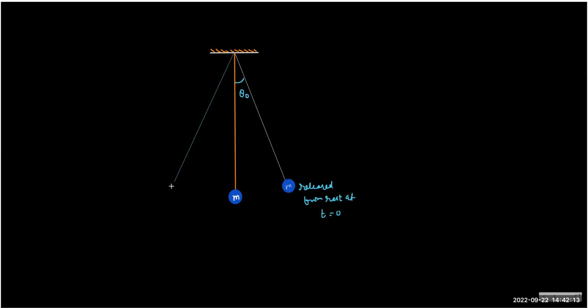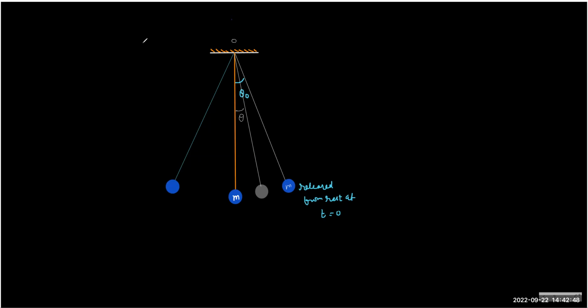So it will oscillate between these two extremes. So at any instant, let's say you are at this particular location, and the angle which you make with the vertical is called theta.